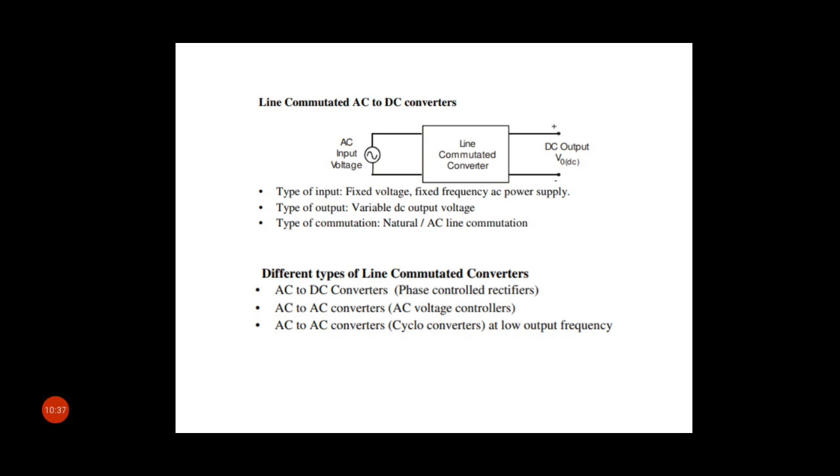Different types of line commutated converters are, first, AC to DC converter, called phase control rectifier. Second is AC to AC converter, known as AC voltage controller. And third is AC to AC converter, called cycloconverter. This is used at low output frequency.